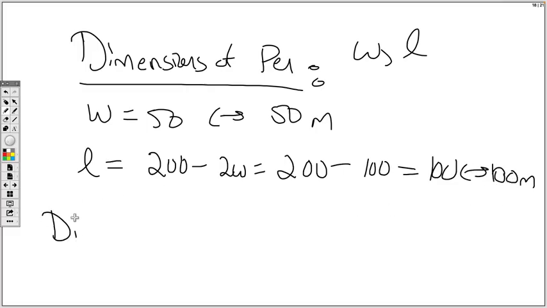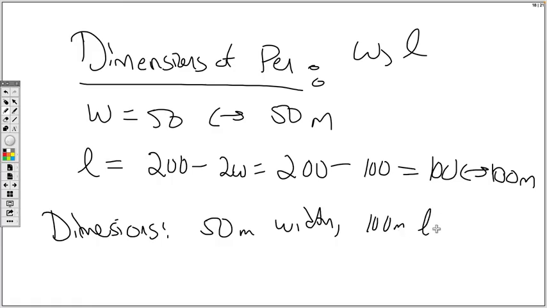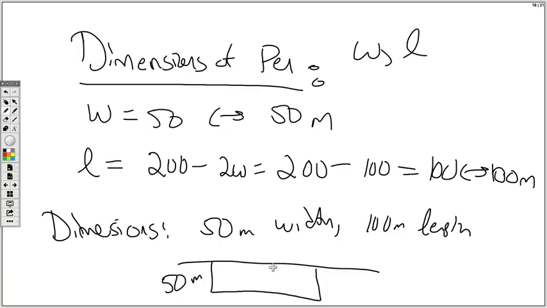So the dimensions would be 50 meters for the width, 100 meters for the length. So to be specific, because there's a difference here, the best way, I guess, to communicate that to the farmer would be to just create that diagram.